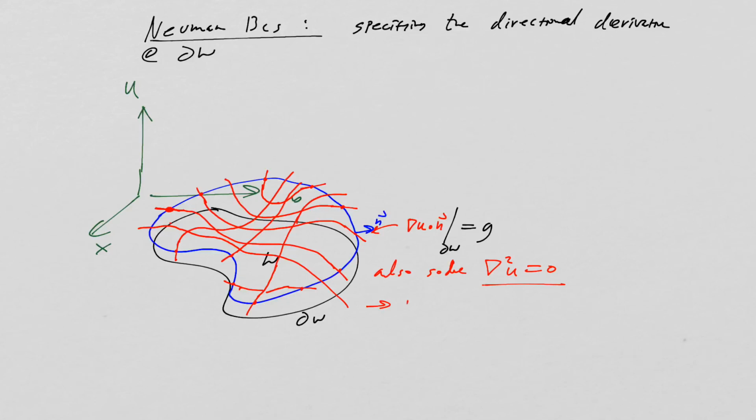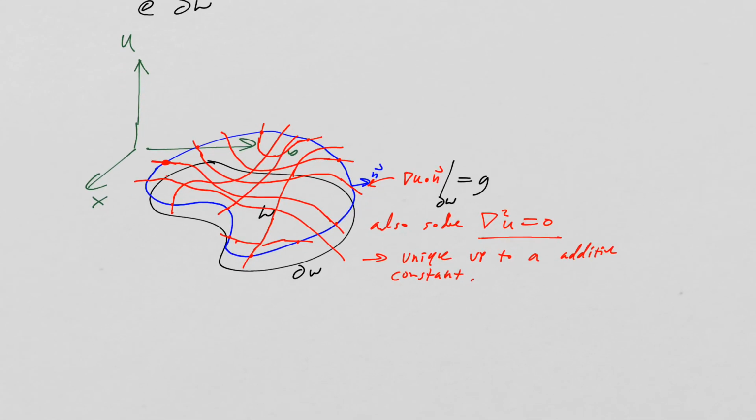It turns out that these are unique up to an additive constant. And there's another thing that we have to specify here. Not all g values are allowed.